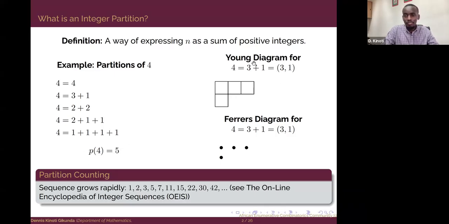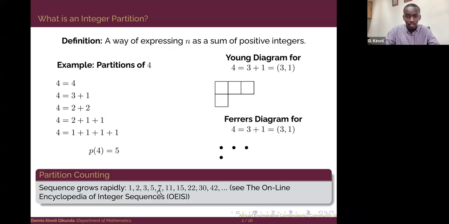There is a geometric way to show this using the Young diagram. For example, if you take the partition 3 and 1, you can have this diagram where we have 3 boxes on the first row and the second row gets one box. You can also draw them as dots, and we call that a Ferrers diagram. If you look at the corresponding number of partitions, for 1 it is 1, for 2 it is 2, for 3 we have 3 of them.